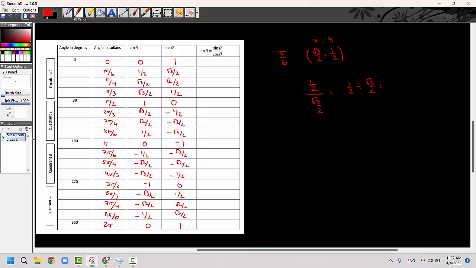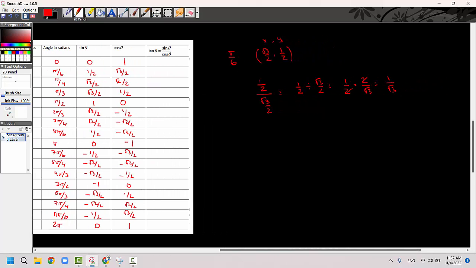Let's take us way back to elementary school, when we learned that this would be 1/2 times 2 over rad 3. Those are going to cancel. You'll end up with 1 over rad 3, and now we have to rationalize that denominator by multiplying the top and bottom by rad 3. We get rad 3 over 3. So that's going to be the first thing, rad 3 over 3.